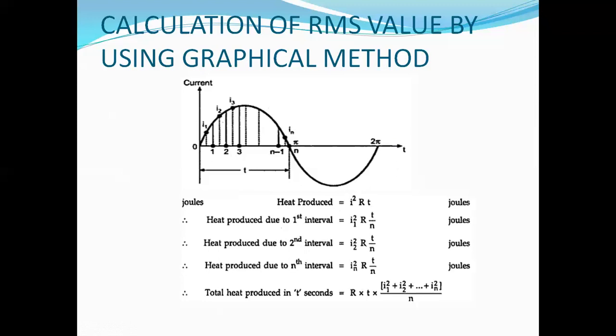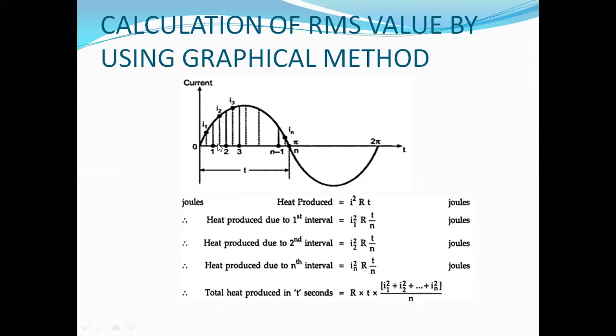Whatever heat is produced during the positive half cycle, the same amount of heat will be produced in the negative half cycle. Hence we consider only the positive half cycle, which is divided into n intervals of time as shown in the figure.